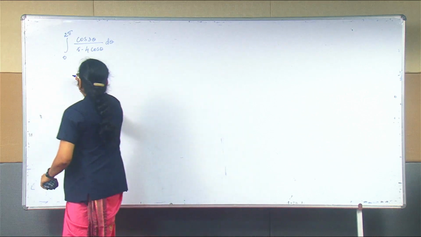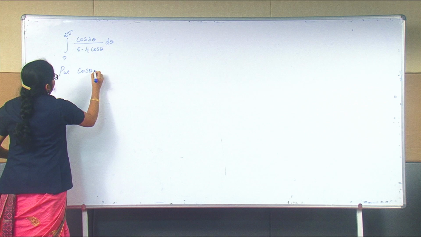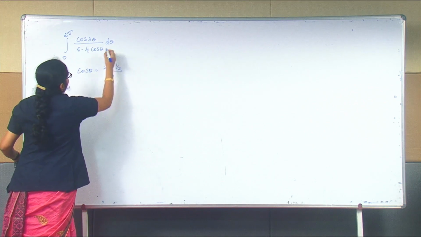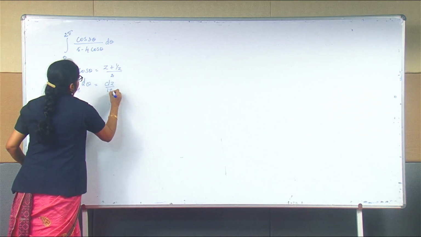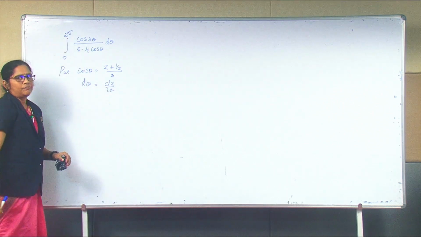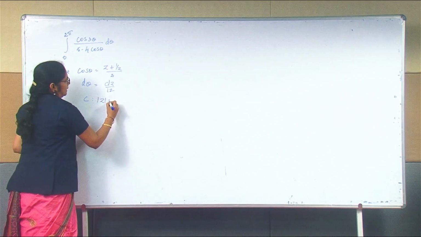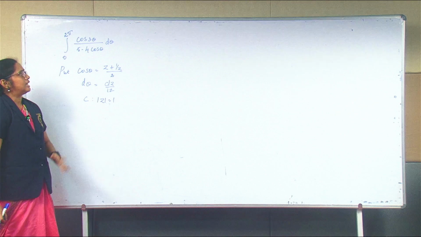Here I can write: put or let cos theta equal to z plus 1 by z by 2, instead of d theta, that is dz by iz. Then of course the limit 0 to 2 pi, the contour C is mod z equal to 1.